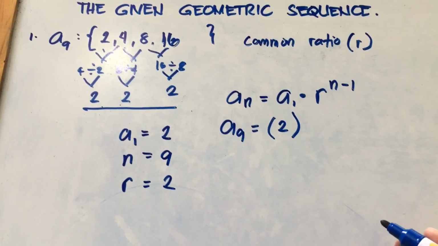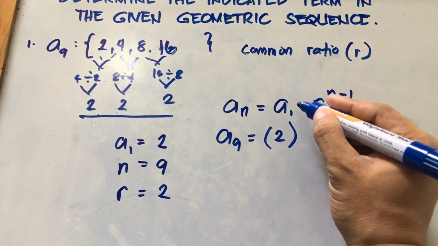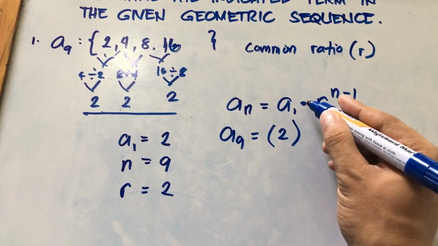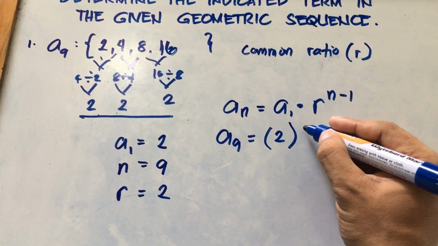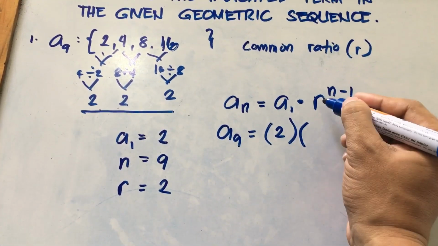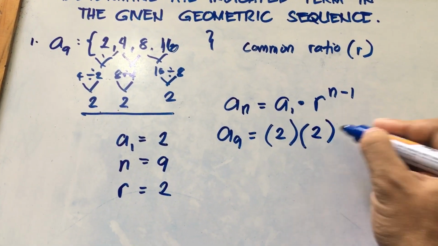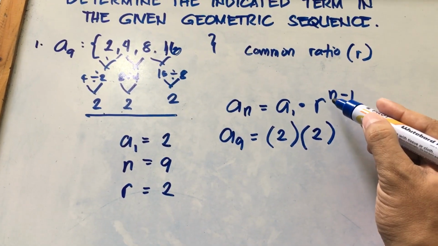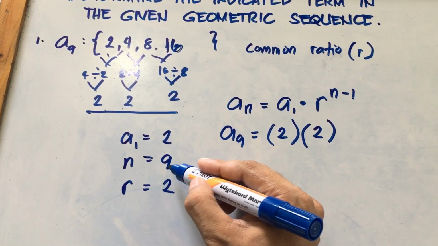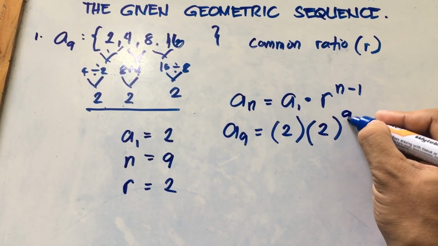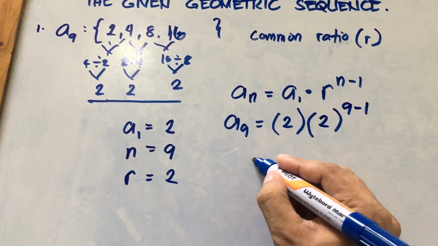Since it's a multiplication, that dot indicates multiplication, you can also put parentheses to indicate r. So r is also 2. Close parenthesis. Raised to the power of n minus 1, your n is 9, so that is 9 minus 1.